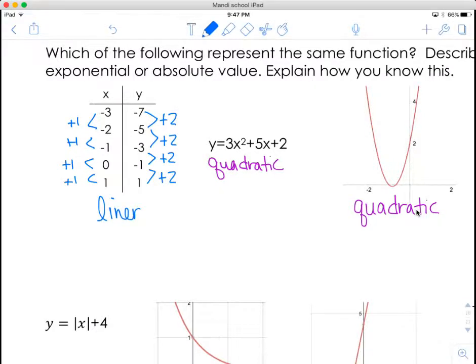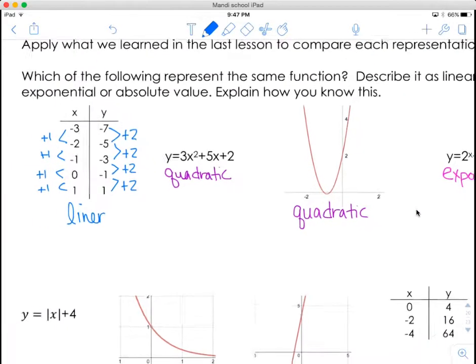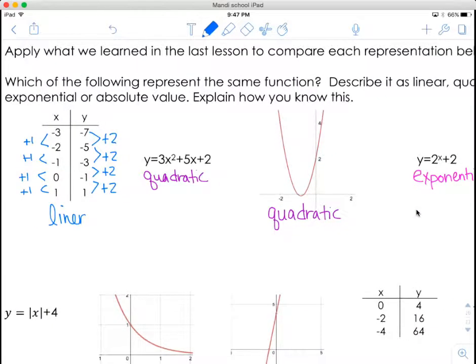Okay, so now we are tempted to say which of the following represents the same function. We would be tempted to just automatically say, hey, these two are the same. What we need to be careful about is, is this the same as this?